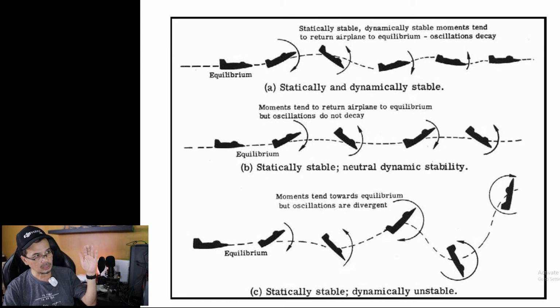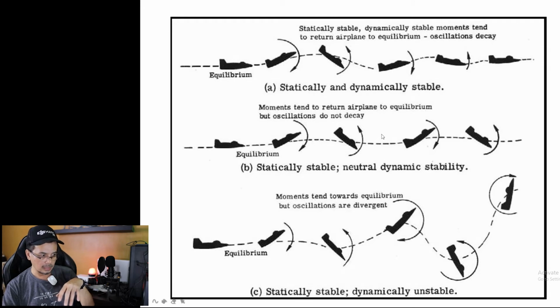Kita tengok kat sini, the oscillation is faster, and then as time goes by, this is what you call the dynamic domain. So the oscillation will be slowing down, very stable. Whereby the statically stable and neutrally stable, dia will be constant. Dia punya oscillation tu will swing forever.